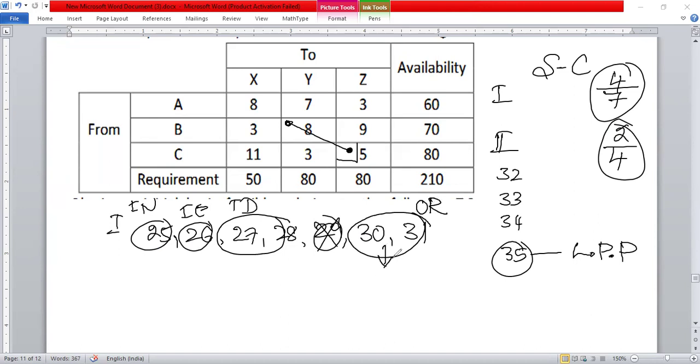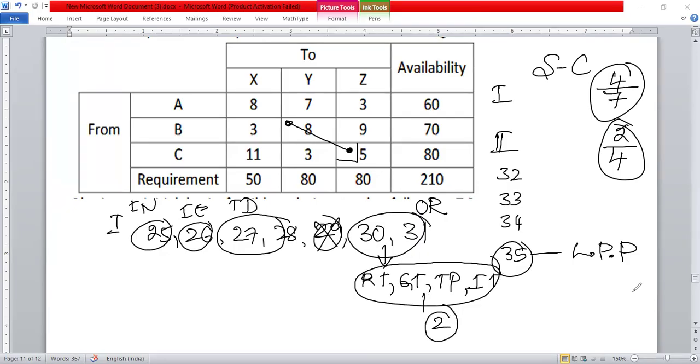Here we should concentrate on replacement theory, which is important, game theory, transportation problem, and inventory theory. From these 4, they are going to ask 2 techniques. So very simple, even theoretical we can leave off.